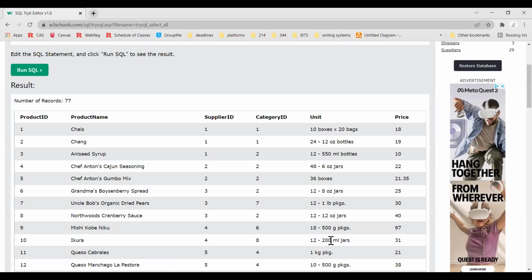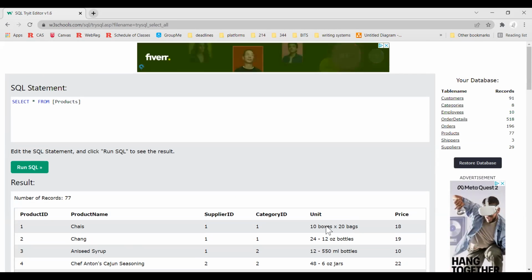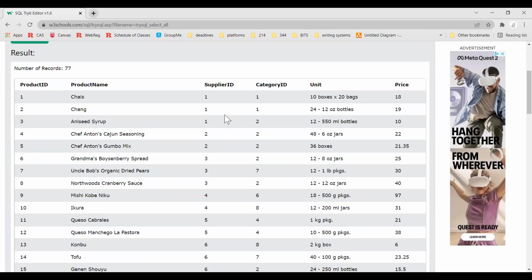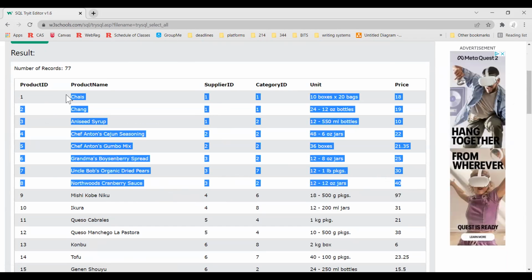So what if we want to do some filtering, right? So instead of just doing where equals like before, what if we want all the products that are from suppliers 1 through 3? So all the way up to here. Can I highlight on here? Yes. All of these.